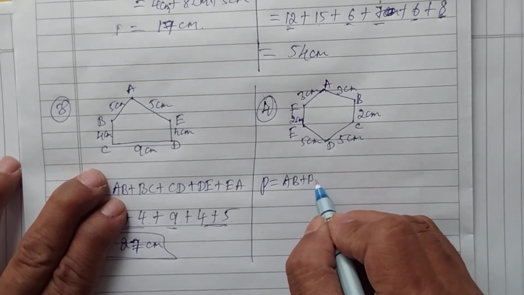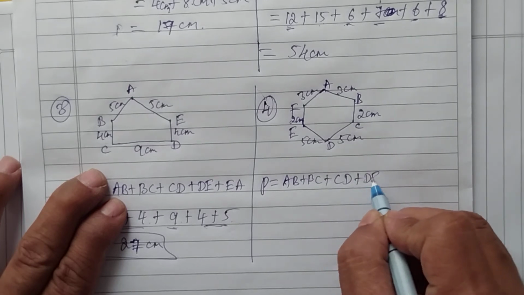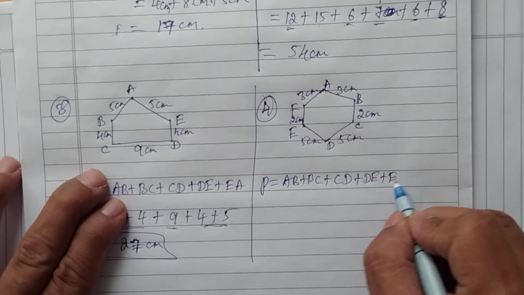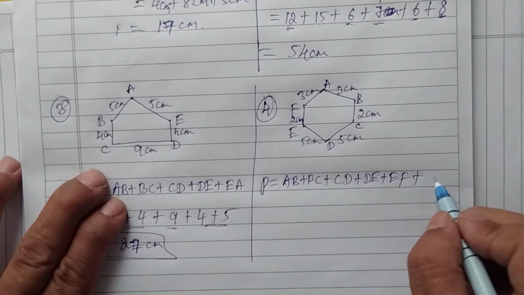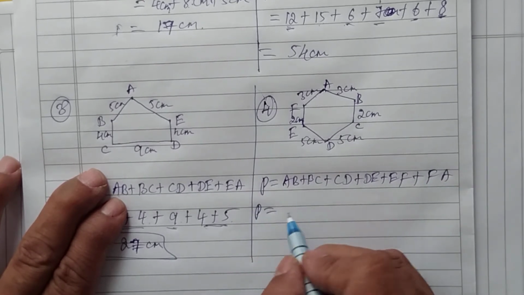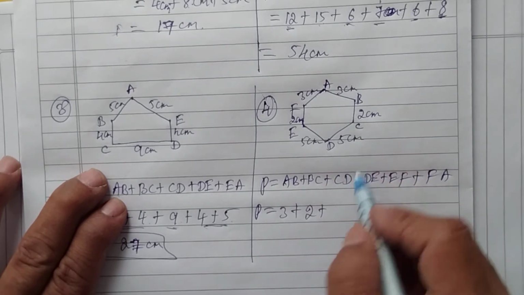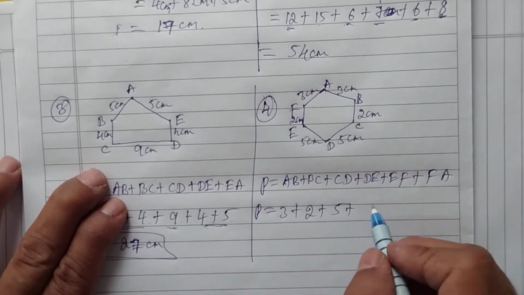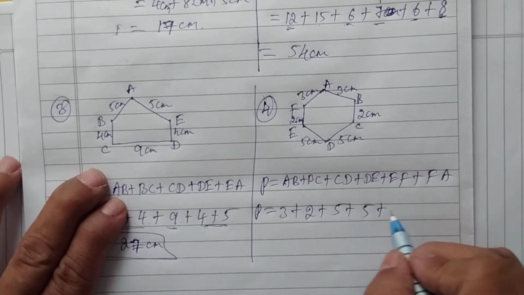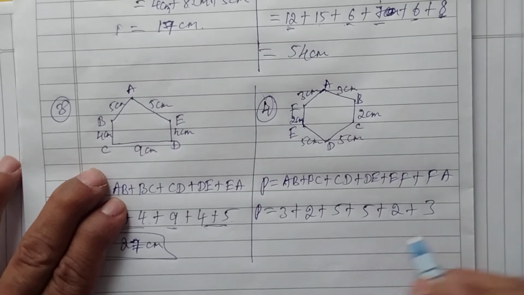AB plus BC plus CD plus DE plus EF plus FA. Now P is equal to AB is 3 centimeter, BC is 2 centimeter, CD is 5 centimeter, DE is 5 centimeter, again 2 centimeter, plus 3 centimeter.